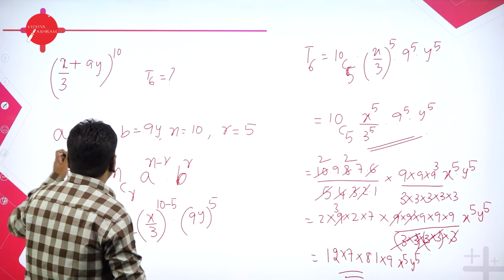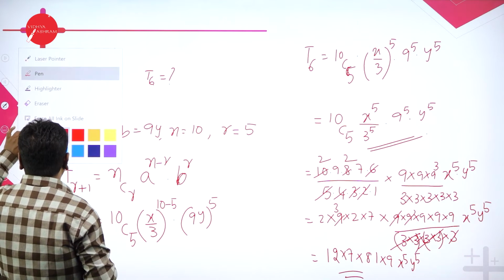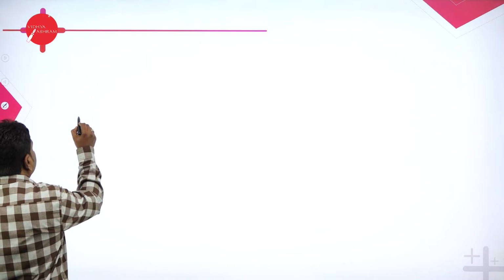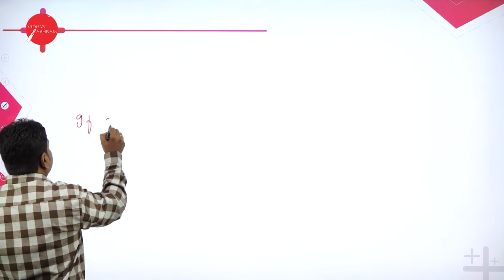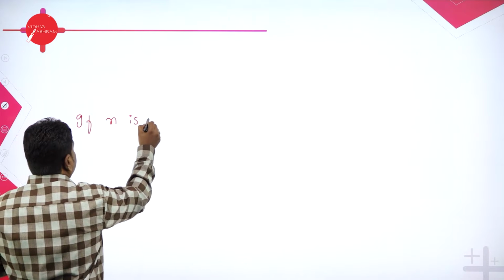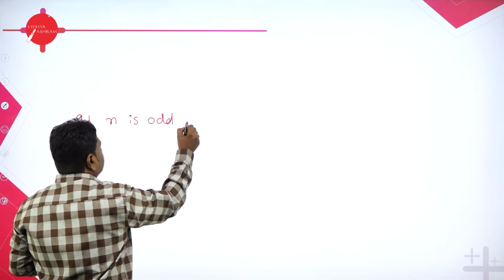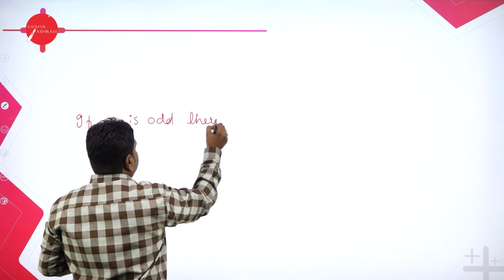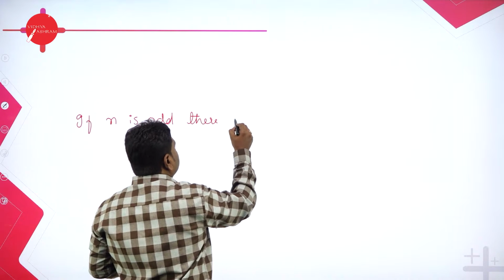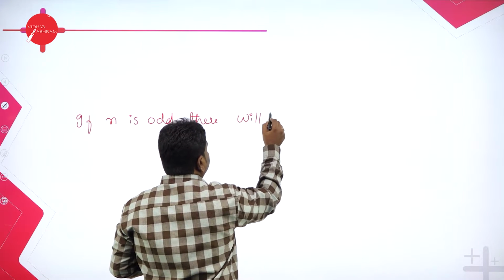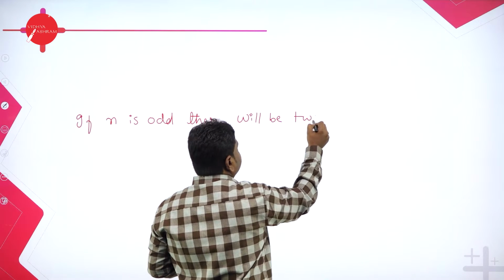There are two cases. So let me just summarize. If n is an odd number, then there will be two middle terms.